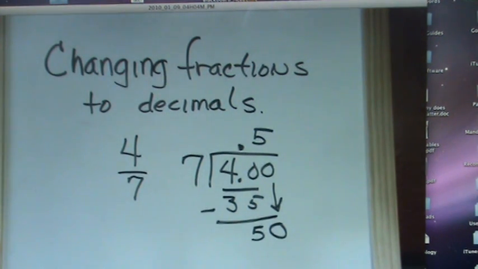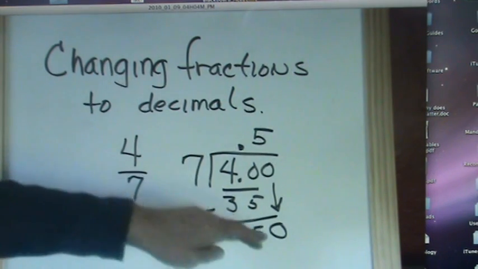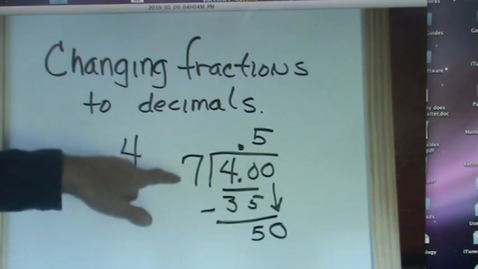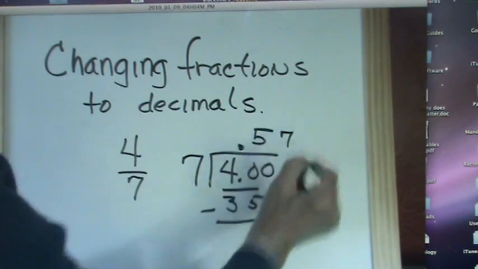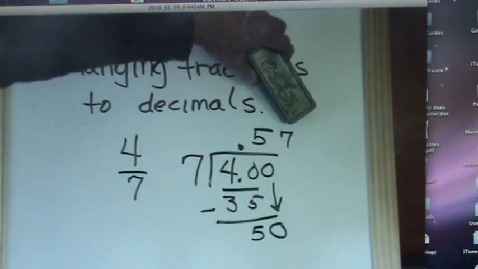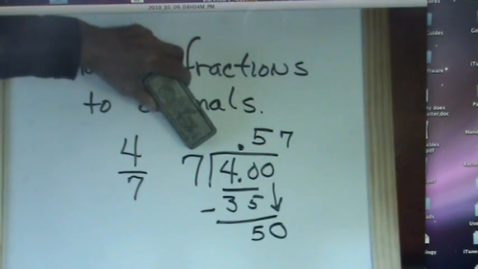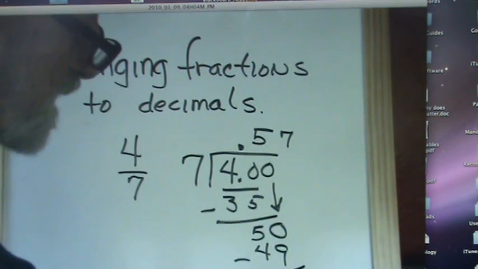Now I divide again. And remember, I always divide by the divisor into the last number down here. 7 goes into 50 7 times. Now I multiply. Always multiply by the last number I put up here. 7 times 7, 49. Subtract, I get 1.